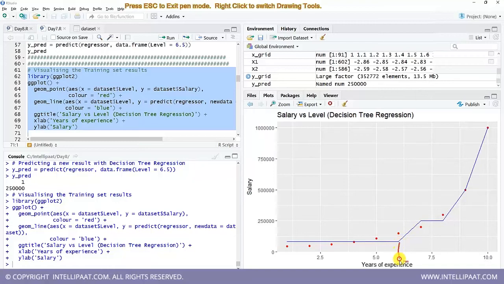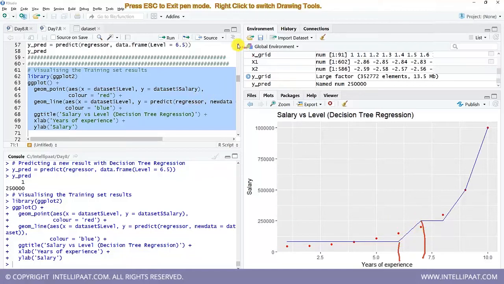As per the regression line, it would continuously increase with years of experience, but it's not going to be so. It needs to be in steps or stairs. So this needs to look vertical, not something like a linear regression line.